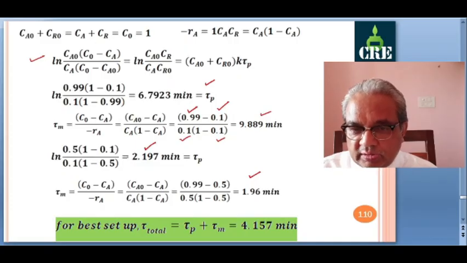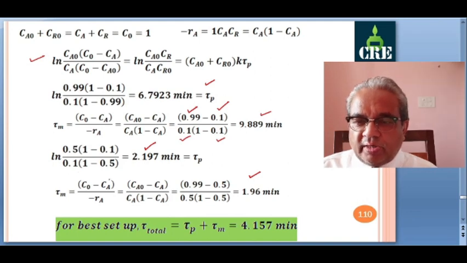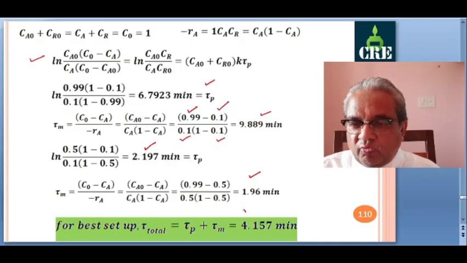So for this setup, instead of going for a single PFR or single MFR, which is highest, then single PFR, if you use this combination, tau p plus tau m is only 4.157. So this gives you the best result.